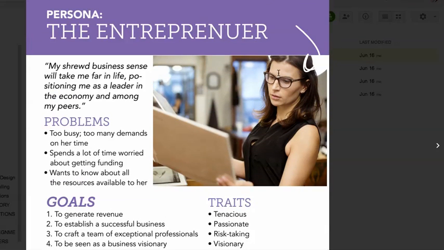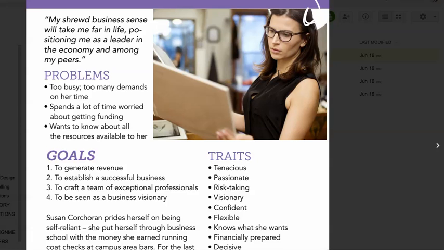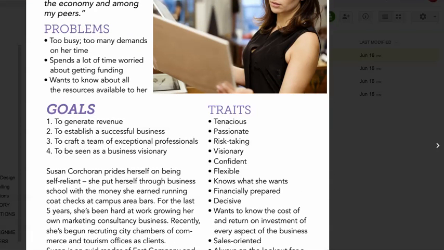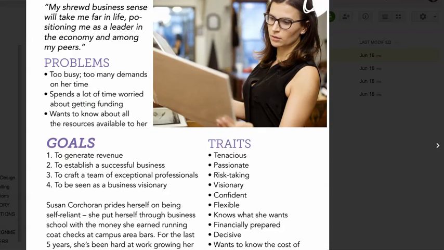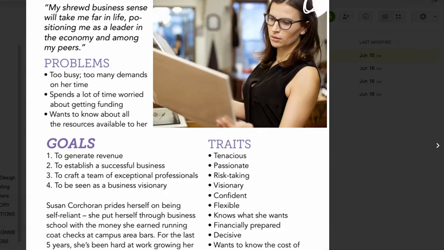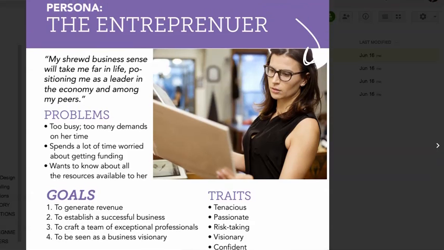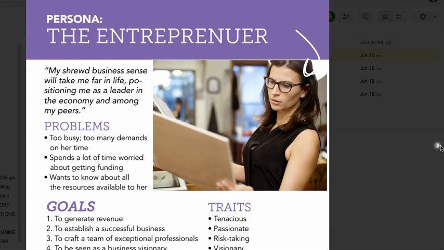This isn't just a group of people. This is Susan Corcoran, and she works at her own marketing consultancy business. She reads Fast Company and Inc. magazine. She spends a lot of time worrying about getting funding for her business. She feels too busy all the time. She thinks there's too many demands on her time, and she thinks that she's going to go far in life as long as she can maintain a high quality business.